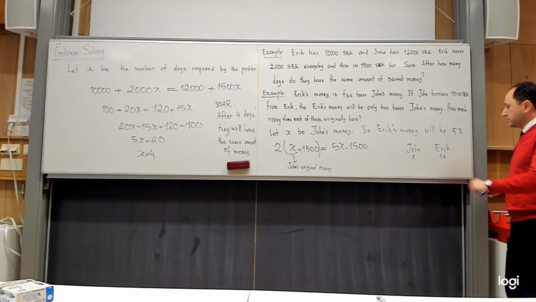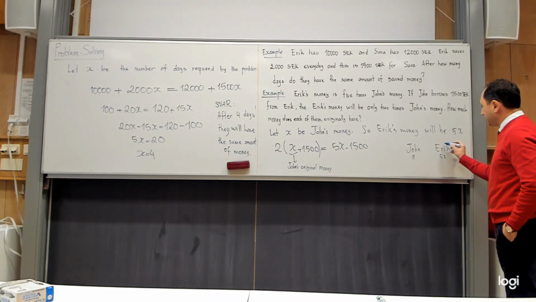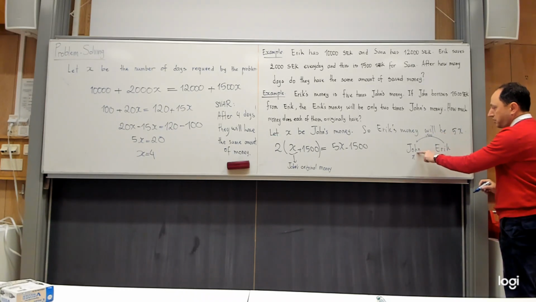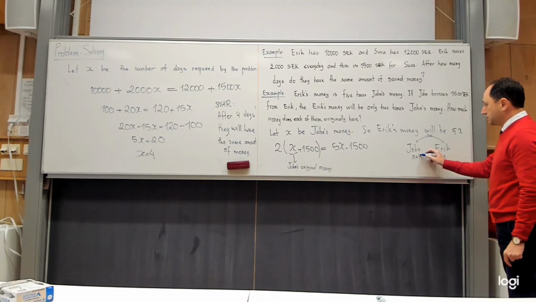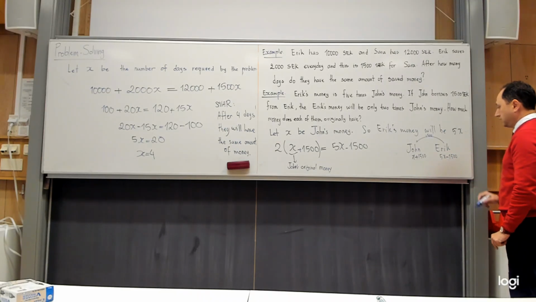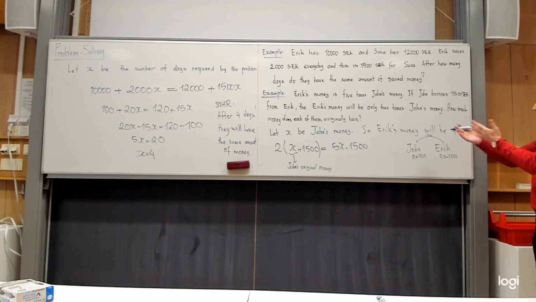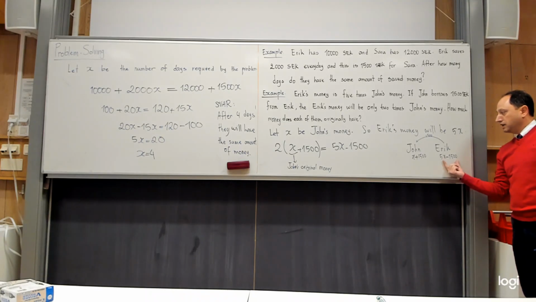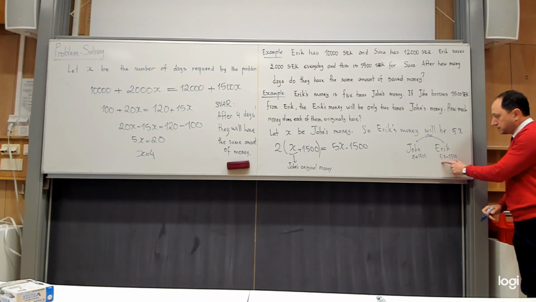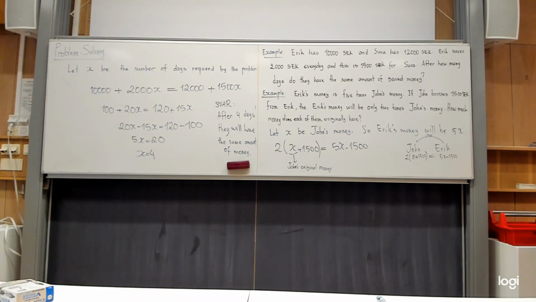But now Eric actually sent 1,500 to John. So after 1,500 is going here, John's money becomes this money, and Eric will lose 1,500. Now, according to the problem, Eric's money is no longer 5 times larger, it is only 2 times larger. So Eric's money is equal to 2 times this one. And that's the equation that I have written here.